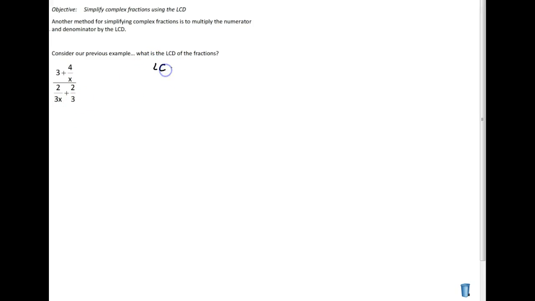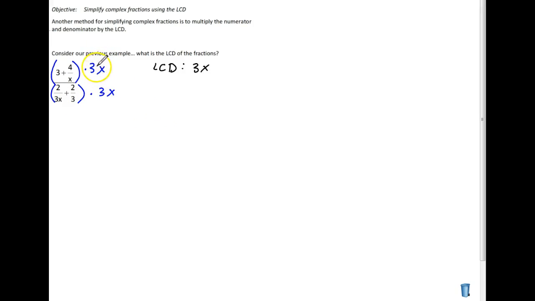In this case, it's not too terribly challenging. It is just 3x. So I multiply the numerator of my complex fraction and the denominator of my complex fraction by the LCD. So I multiply this whole thing times 3x and this whole thing times 3x.